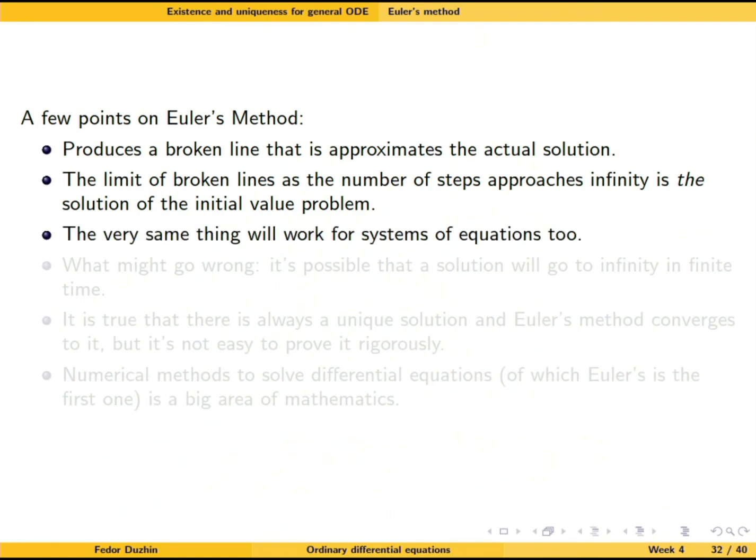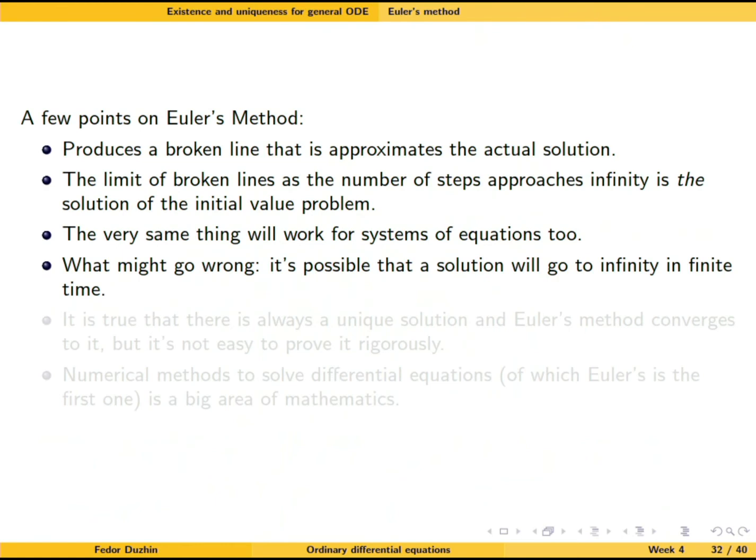And the same thing is going to work with systems of equations too. Only if we have a system of equations, then this limit of broken lines is going to be constructed in a multidimensional space, but nothing serious is going to be changed about it.